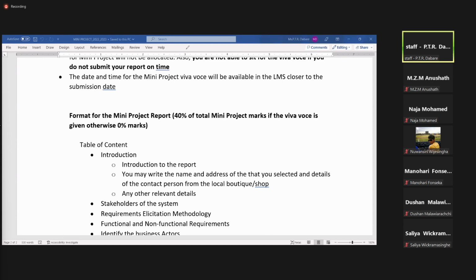Otherwise, 0 marks. That means you submit the report, and if you do not face the Viva, you will get 0 marks. Right? Okay. Now let's see what you have to include.